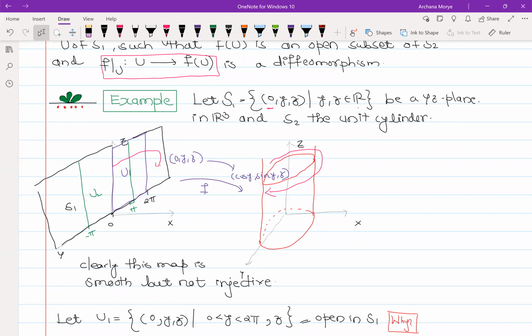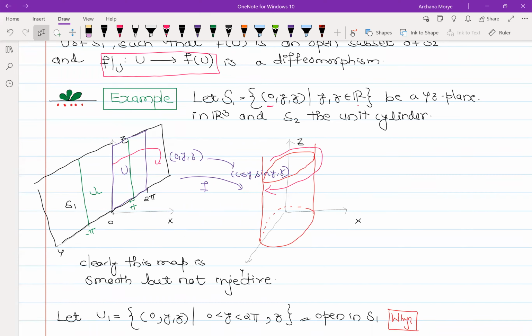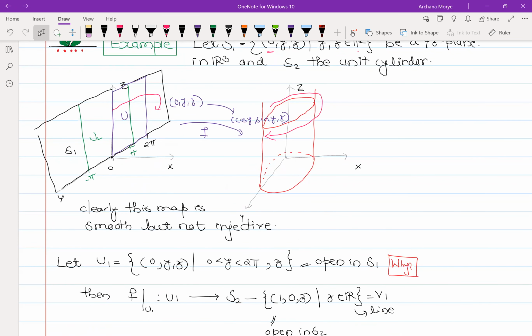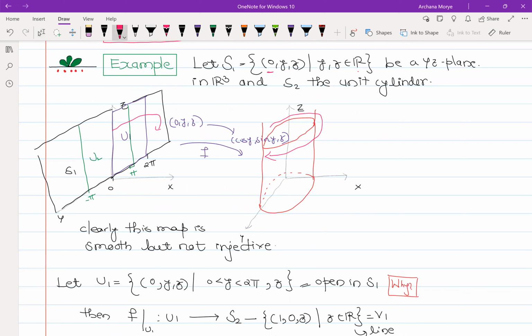So this is certainly not a diffeomorphism, but we already know that this is at least locally a diffeomorphism. We can prove it, right? So how do we prove that this is a local diffeomorphism? Consider only one round, just one round, 2 pi. Right. So we have to take just one round.